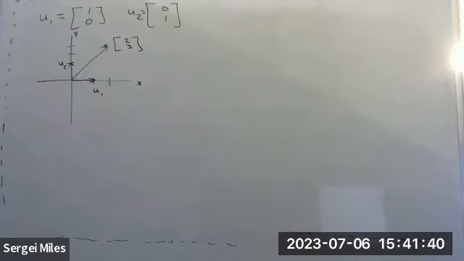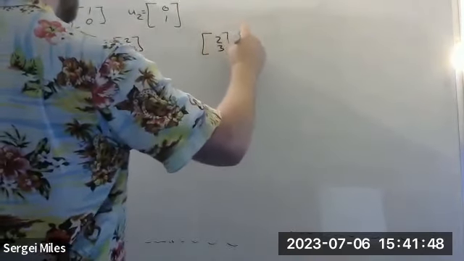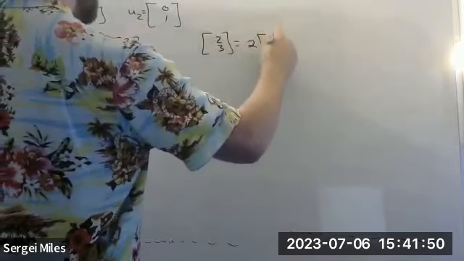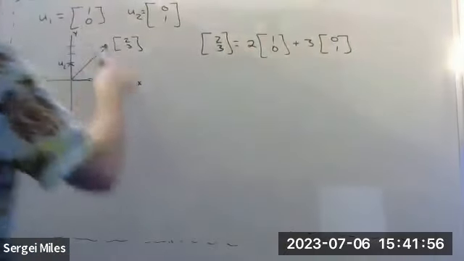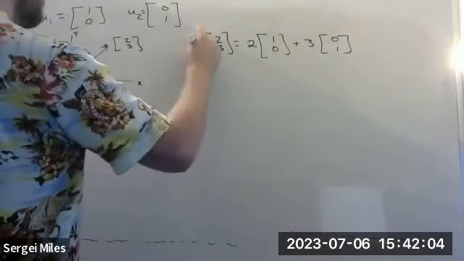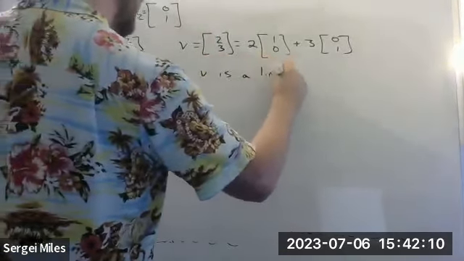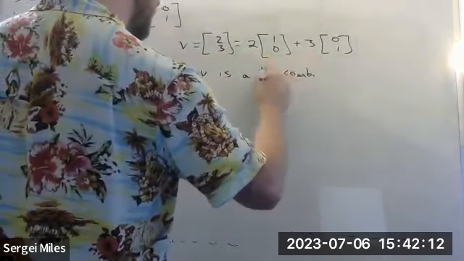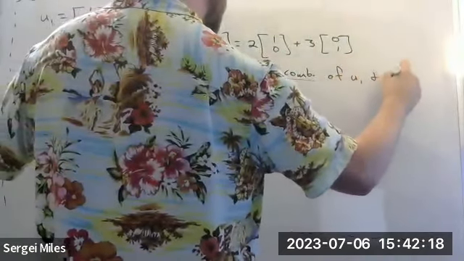How can I get (2, 3) as a combination of u1 and u2? Well, the vector (2, 3) equals 2 times (1, 0) plus 3 times (0, 1). So in fact, this new vector (2, 3) is a linear combination of u1 and u2. If I call this new vector v, v is a linear combination of u1 and u2.